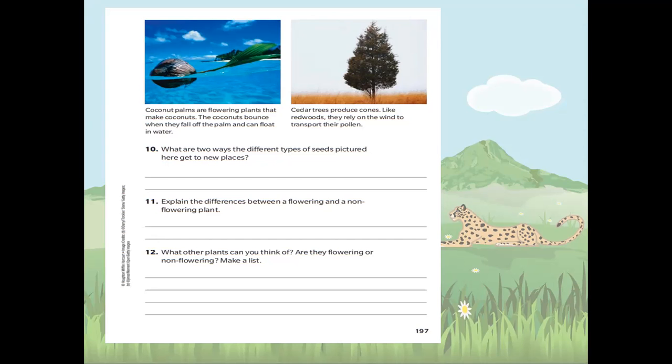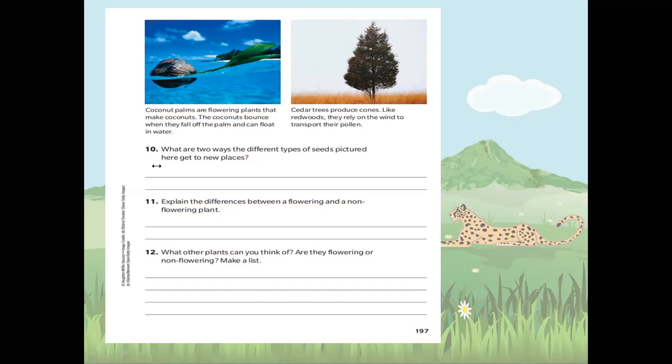On page 197, question number 10. What are the two different types of seed pictured here? The two different types of seed move to a new place in different ways.